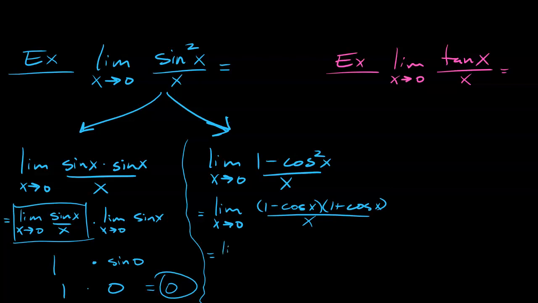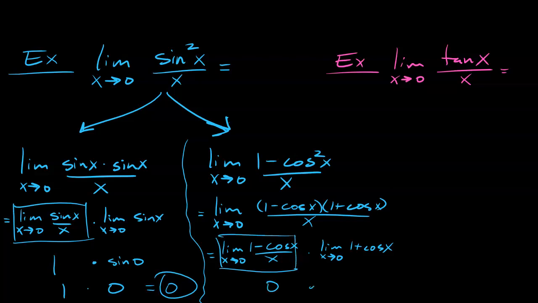I can split it apart. I don't know if this is too small for you to read. I hope it's okay. So this left one is 0. And then 1 plus cosine of 0 would be 2, which is still 0.